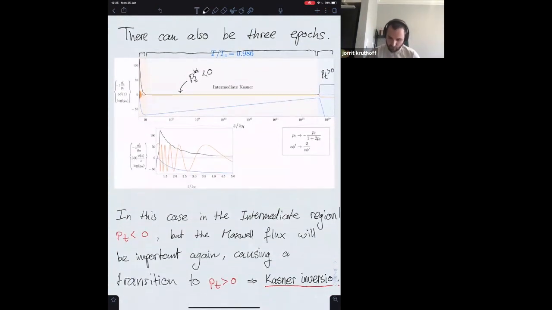Yeah, and that inversion that happens here, we call that a Kasner inversion, because these Kasner exponents just before and just after this regime get mapped to each other in this way. And that is something that you can analyze analytically by ignoring certain terms in the equations of motion.